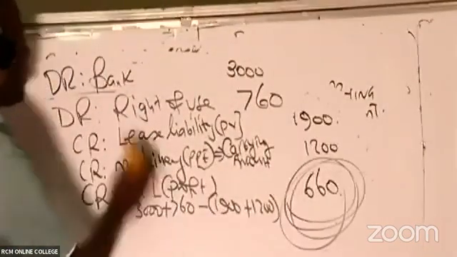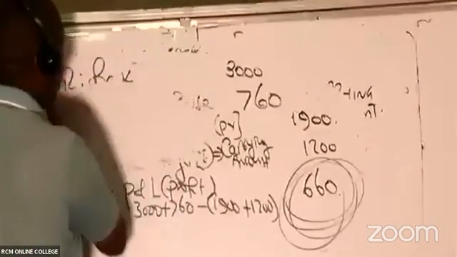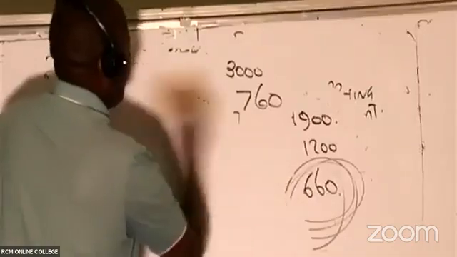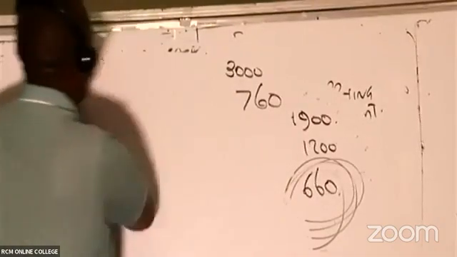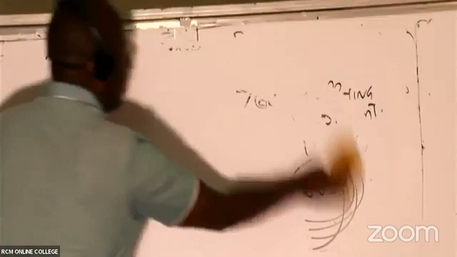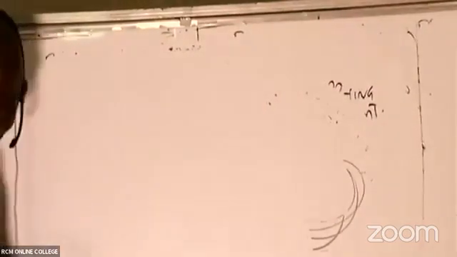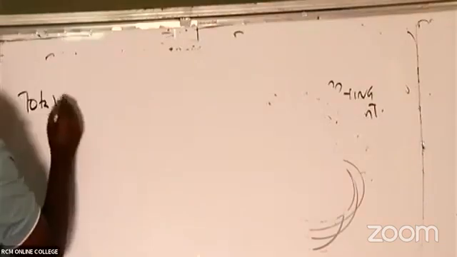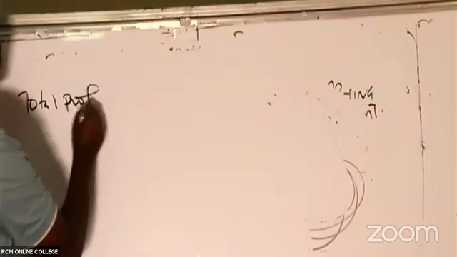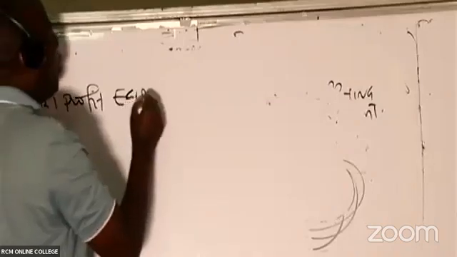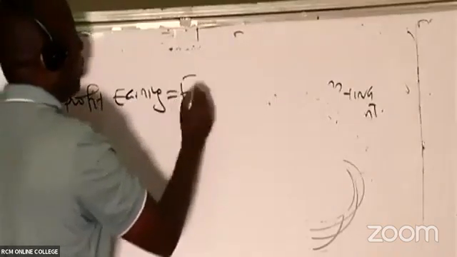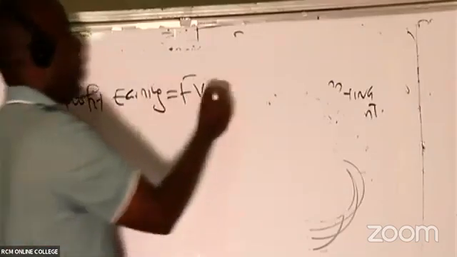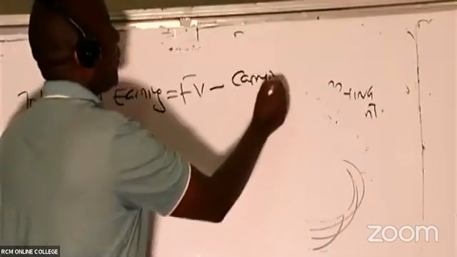You can use this formula to get this profit here. You see, we have the total profit. Our total profit earned, we normally take the market value, which is the fair value, minus the carrying value, the carrying amount.